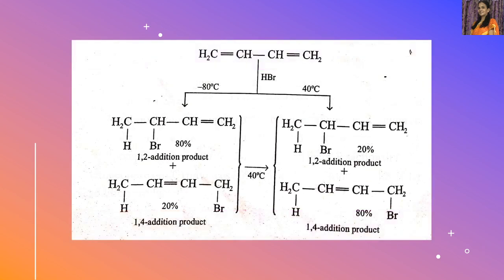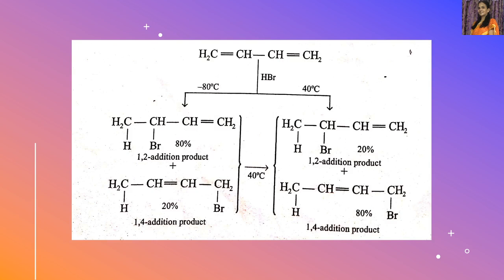Let us see. This is 1,3-butadiene. To this we have added HBr at minus 80 degrees centigrade and 40 degrees centigrade. At minus 80 degrees centigrade, 80% of 1,2 addition product is produced. At the first double bond, between the 1 and 2 carbon atoms, the double bond is broken and H and Br are added.